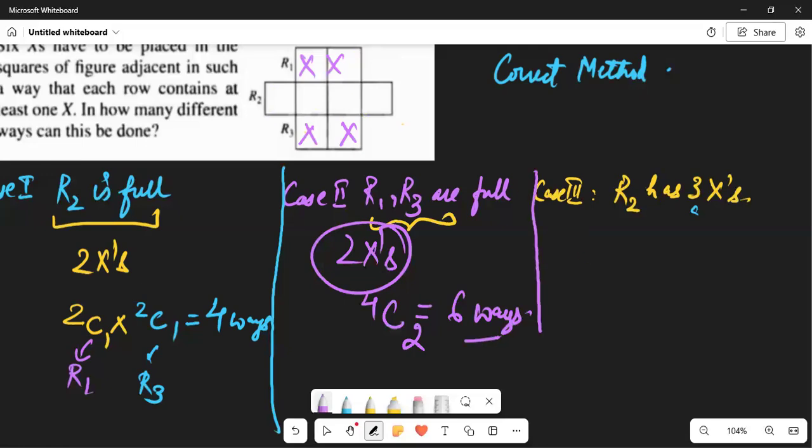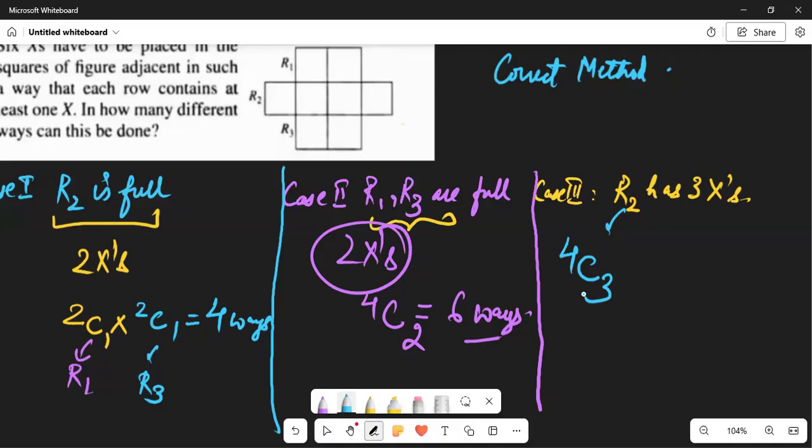Okay, and now the very last case is that R2 has 3 x's. That means to fill your R2 with 3 x's, you first have to choose 3 squares out of the 4 squares, because you have 4 squares in R2 and you just fill 3 of the 4. So 4C3.